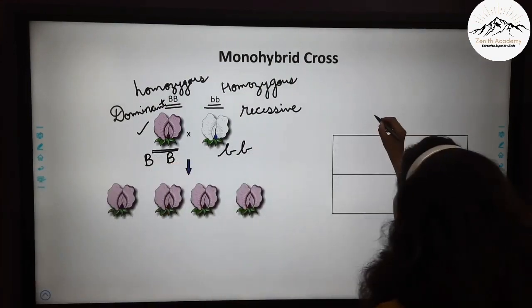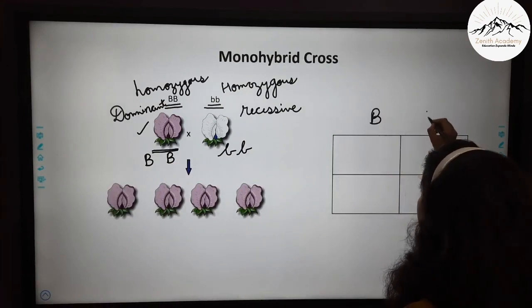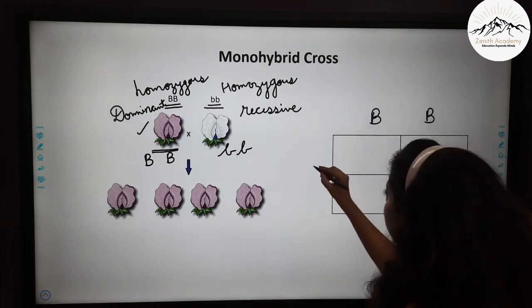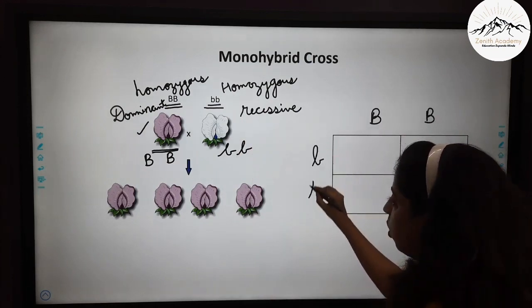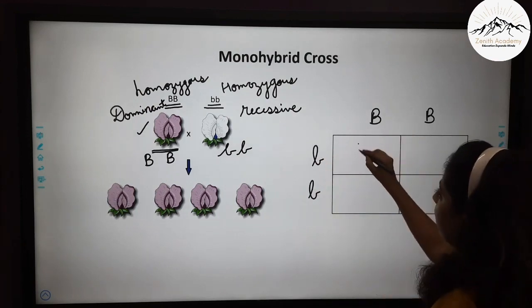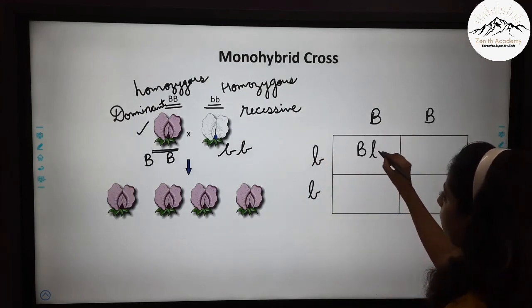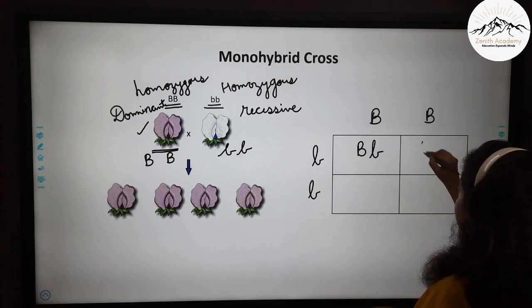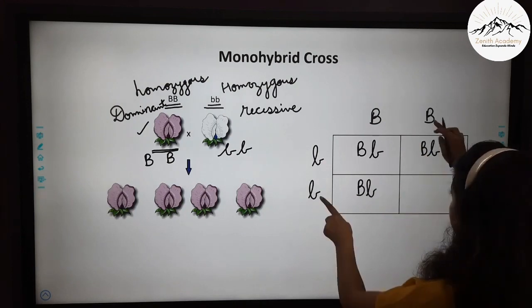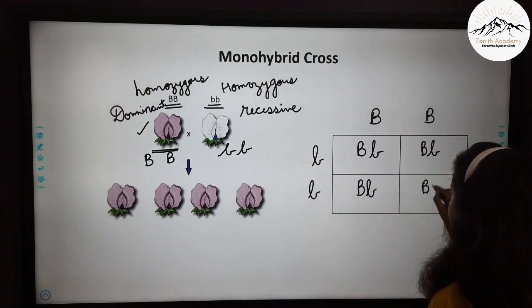So if I take this capital B here of this purple flower, and for this white flower if I take small b here and try to work out the combination. So here it will be capital B small b. Here it will be capital B small b, same capital B small b, and now these two also give you capital B small b.